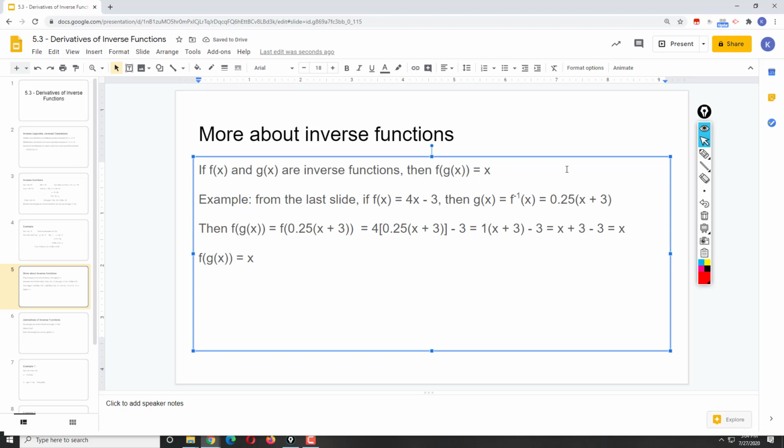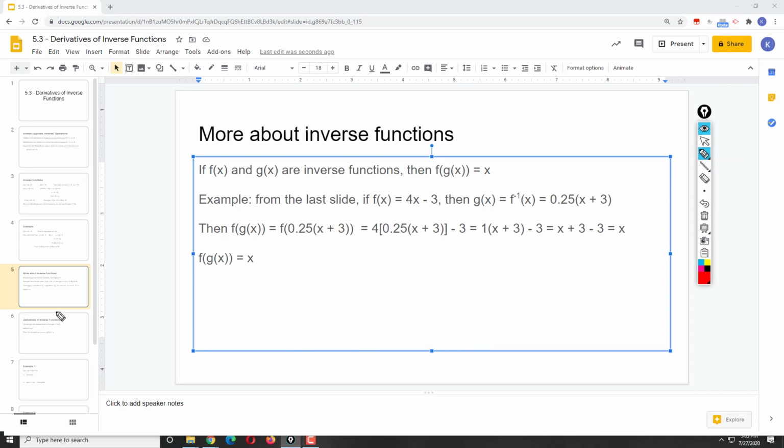We take the function g and then find the result to plug it back into the function f, and we get out x. Why? Because once again, the function f takes us from x to y, and the function g takes us from y back to x. So if we apply one of them and apply the other one, we get back our original, which is x.